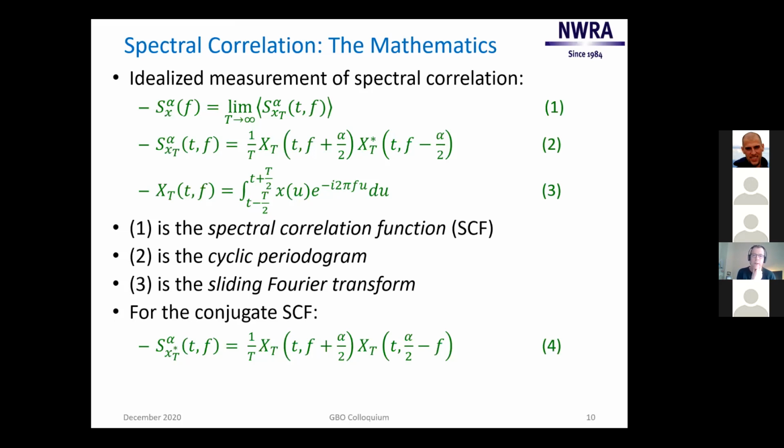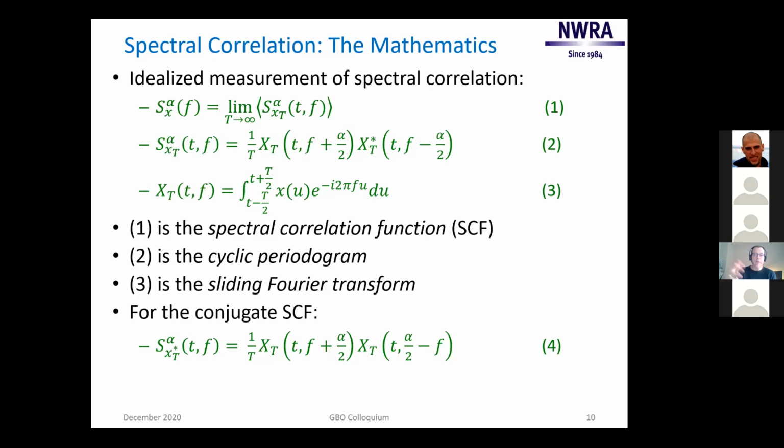We multiply those together. And then in equation 1, we do an idealized correlation measurement using those two spectral components, X_T of F plus alpha over 2 and F minus alpha over 2. So that's what we really mean mathematically by spectral correlation. It's this limiting form of this correlation.